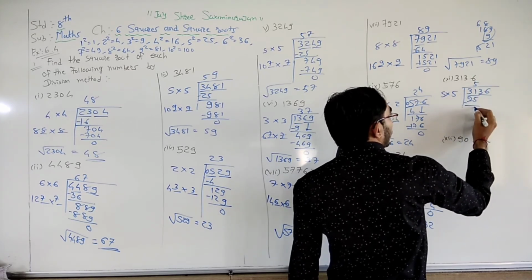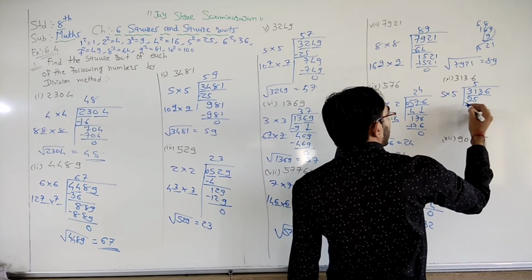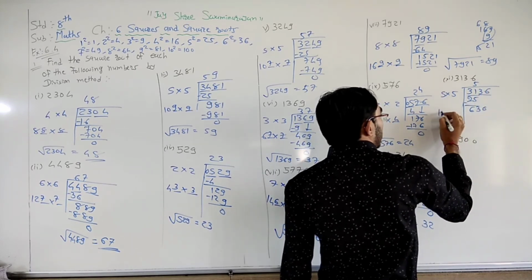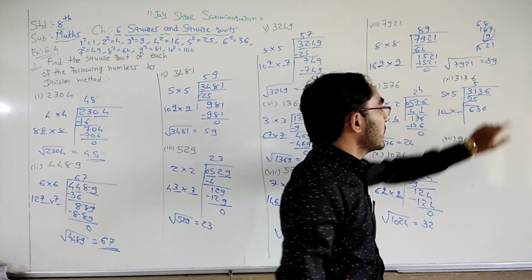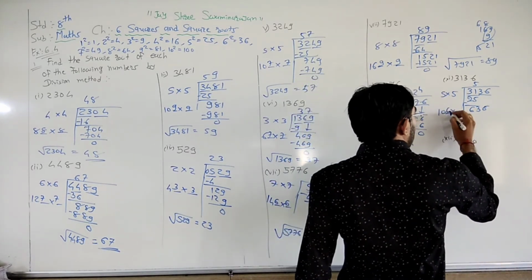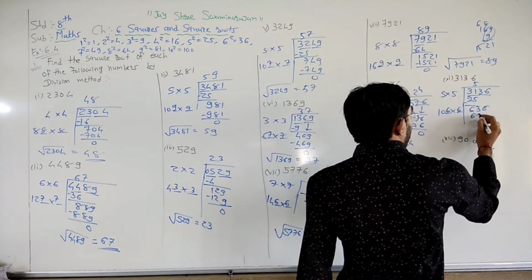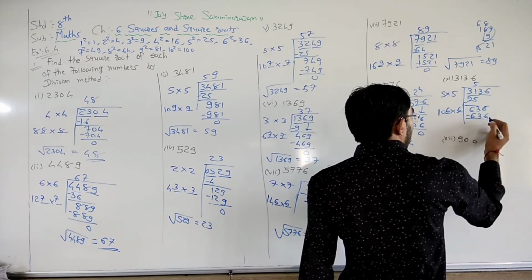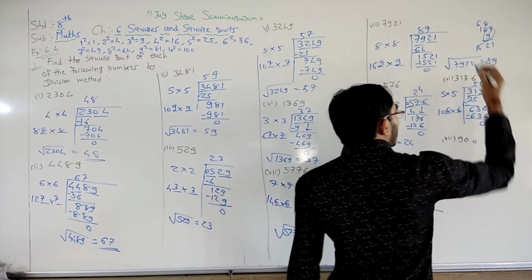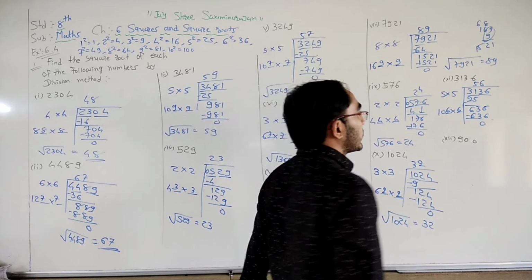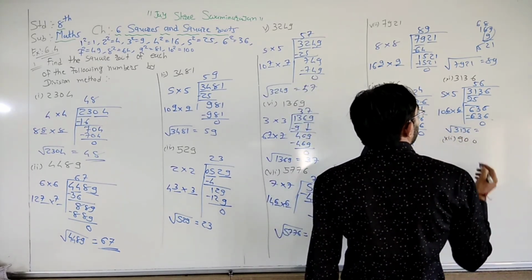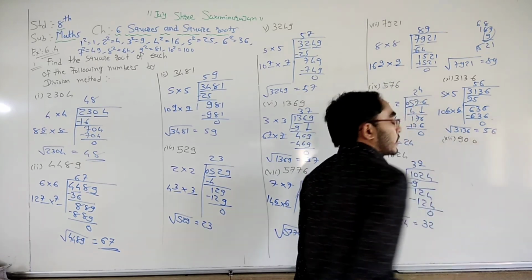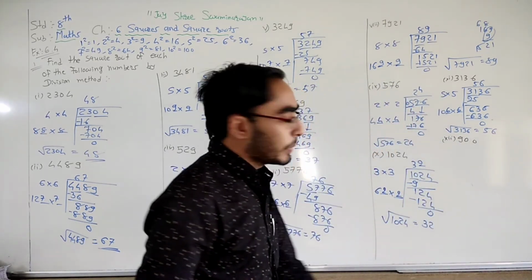Now subtract this. So 36 comes here. Now 5 times 2 is 10, 1 space blank, 1 space blank. Here we have 36, so 6 6s are 36. So 106 into 6 is 636. We get remainder 0. So here our answer is 56. The square root of 3136 is 56.